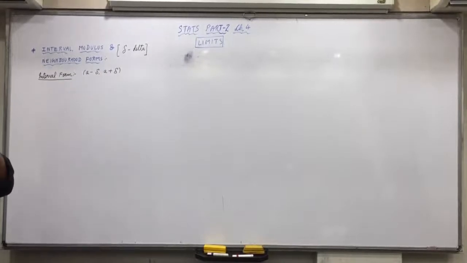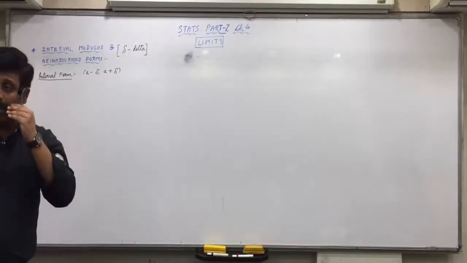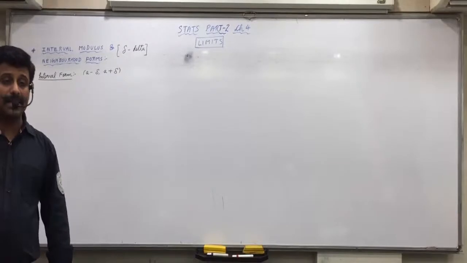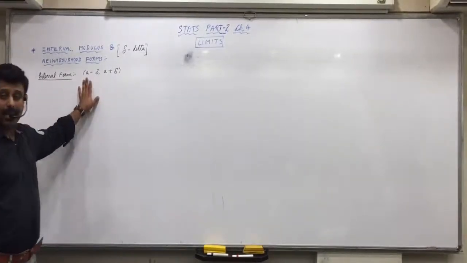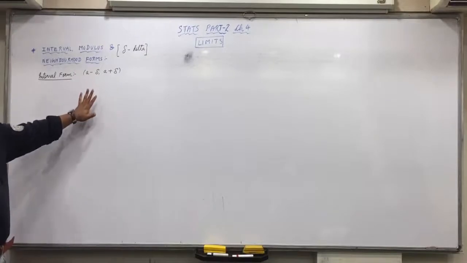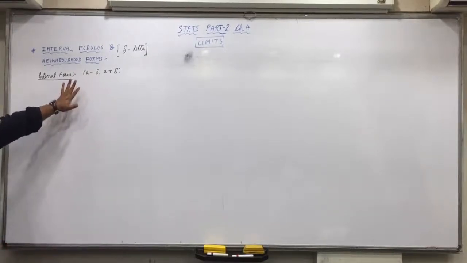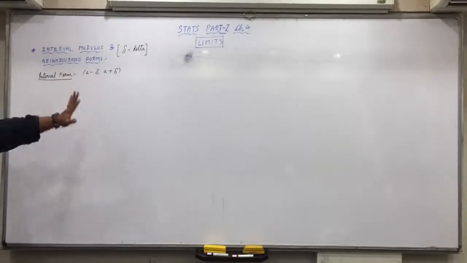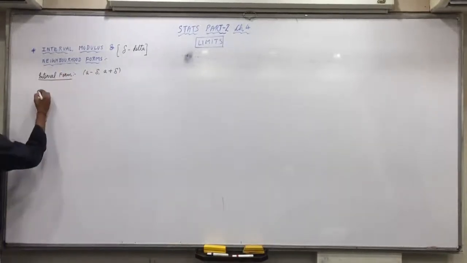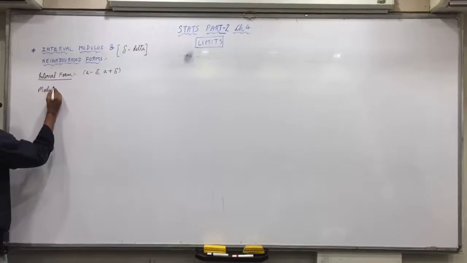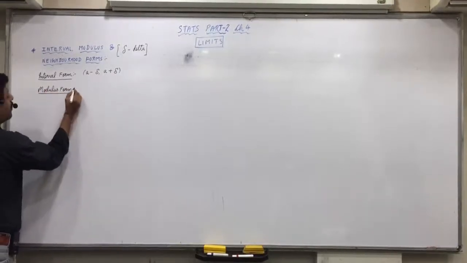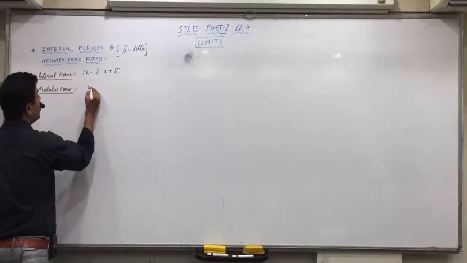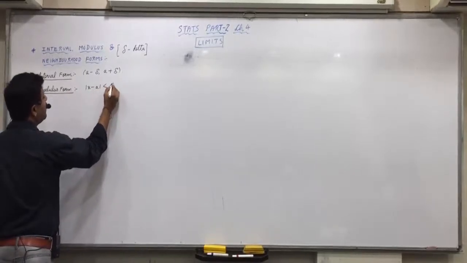It is just a mathematical symbol used. They could have used B, C, D, E, F, anything other than A, but they are using the symbol delta. So interval form is expressed as (A minus delta, A plus delta). If the same thing I have to express in modulus form, then I will write it as modulus of x minus A less than delta.